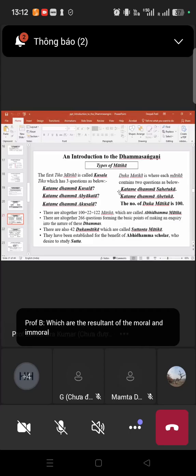So Avijja Pachaya Sankhara, whenever we are saying that the sankharas or mental dispositions are dependent on avijja, ignorance, and they are classified on the basis of consciousness, Punya Visankhara, Apunya Visankhara, and Anija Visankhara, they can be compared with the Pravritti Vijnana, that is the resultant of our moral and immoral consciousness.